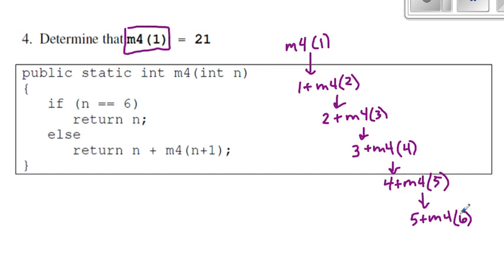Well, my n right now is 6. Okay, so here's 6. 5 plus 6 is 11. 4 plus 11 is 15. 3 plus 15 is 18. 2 plus 18 is 20. And 1 plus 20 is 21, the answer that we were looking for.